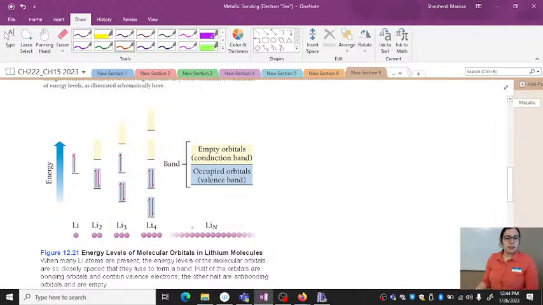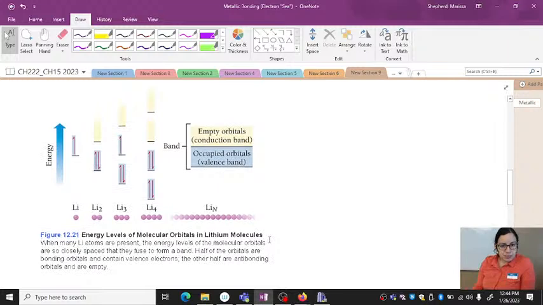What you get is your valence band versus your empty orbitals, your conduction band. The energy levels of your molecular orbitals are very closely spaced, so they essentially become a band, where half of the orbitals are bonding and contain electrons, and the other half are antibonding.